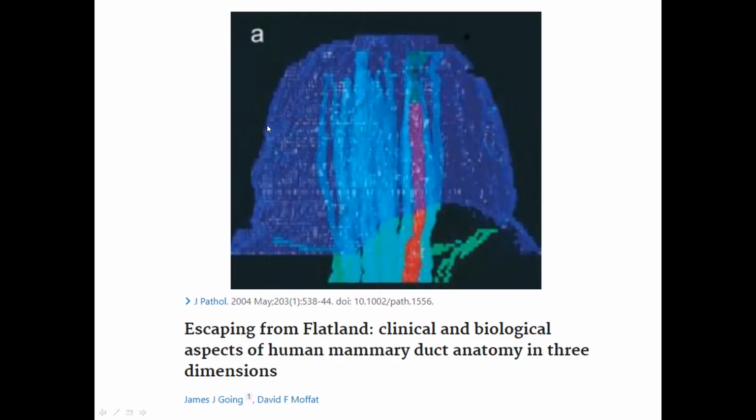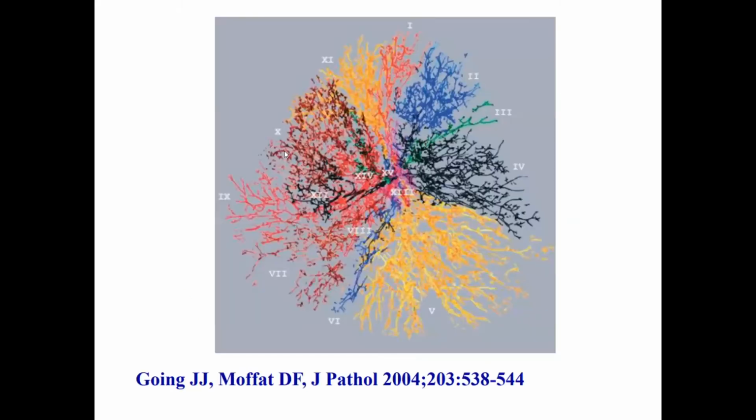You see this kind of cap, this is the nipple. They reconstructed the breast with the computer. These are the galactophorus ducts. Then they injected the galactophorus ducts with colored inks, and went reconstructing which are the lobes.